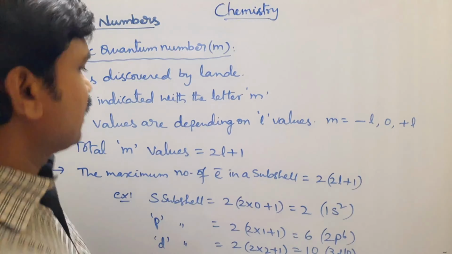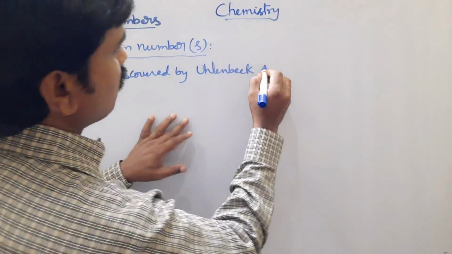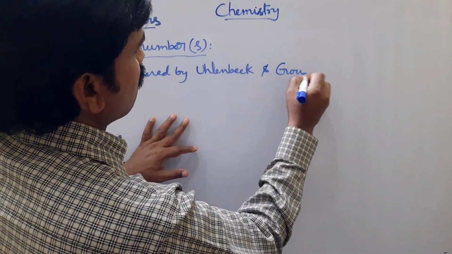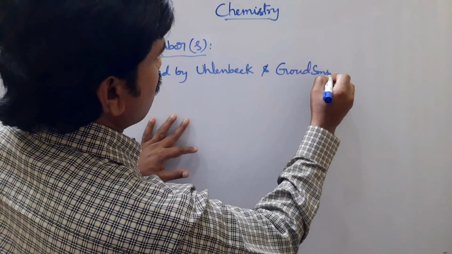Spin quantum number was discovered by Uhlenbeck and Goudsmit. So here two types of spins are there.